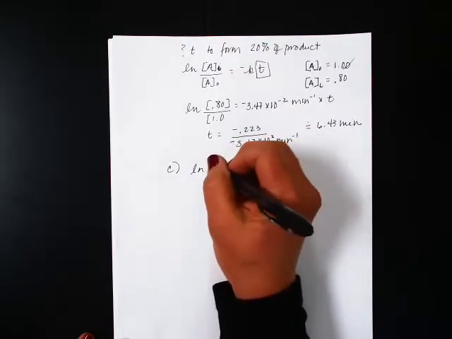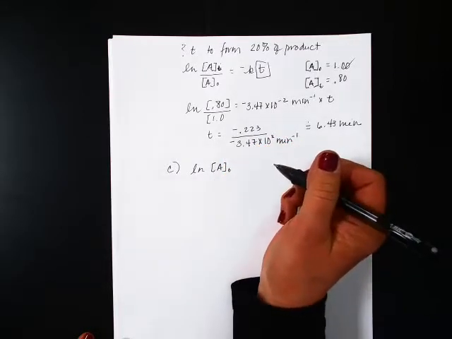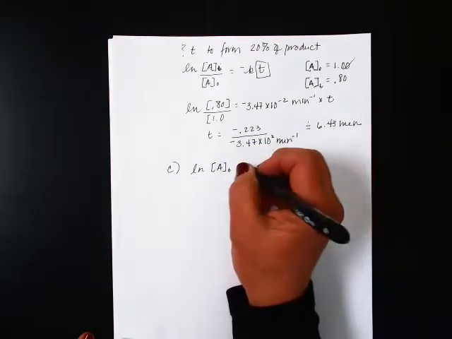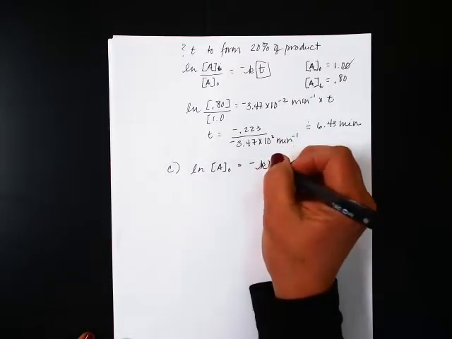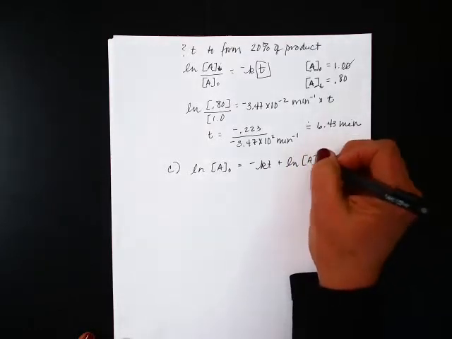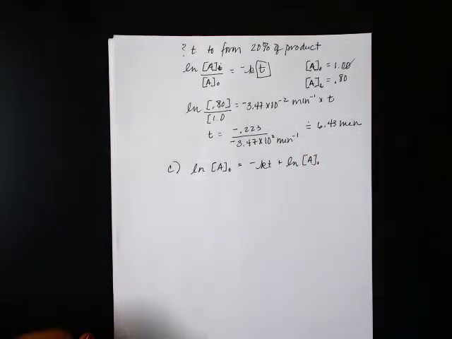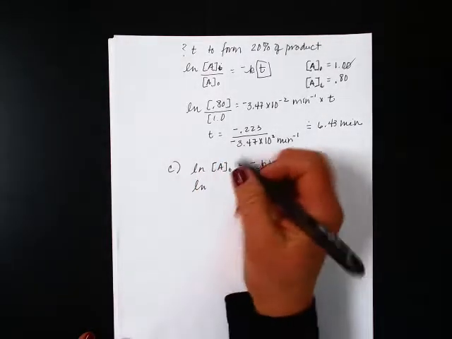So we're looking at the concentration at time t when t equals 15 minutes, and we have negative kt plus the ln of the concentration of A naught. Now, I'm going to continue to say that A naught equals 1.